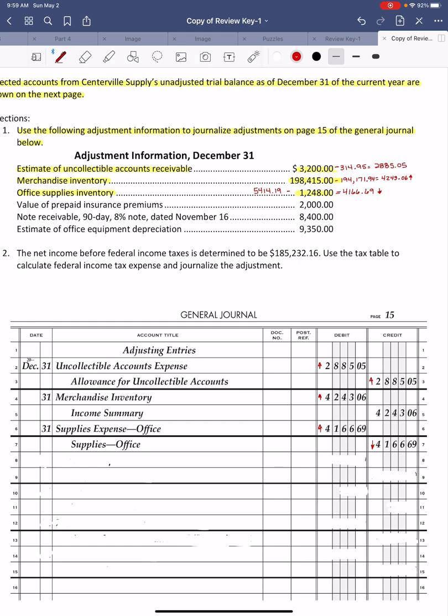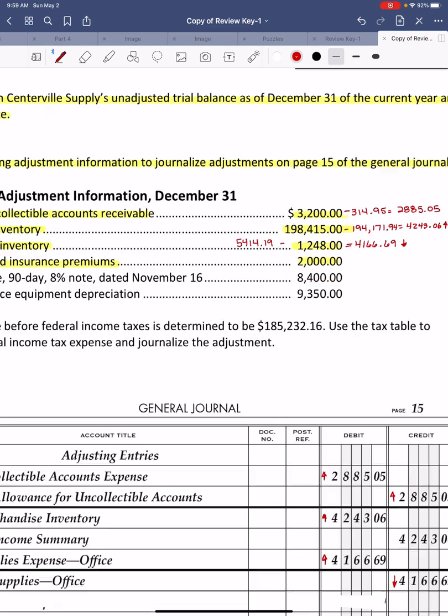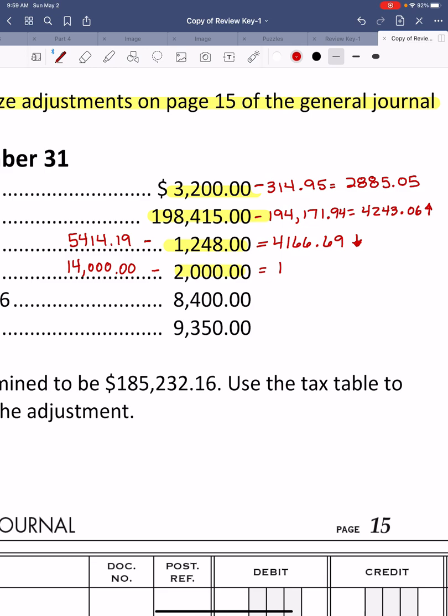All right, our next one then is the value of our prepaid insurance premium. It's now worth $2,000. On our unadjusted trial balance, it is $14,000. So it is going to go down by quite a bit. So we have $14,000 minus that, and we'll come up with an adjustment of $12,000.